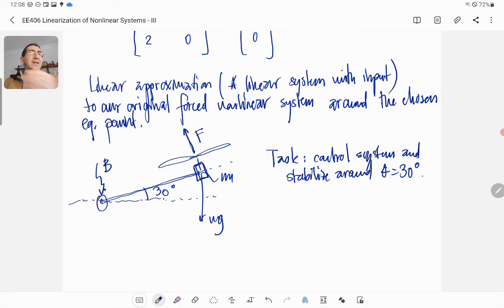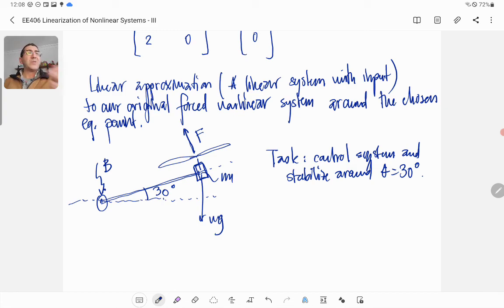We need to find the equilibrium conditions, the equilibrium input, which will give us an equilibrium state where the angle is at 30 degrees.